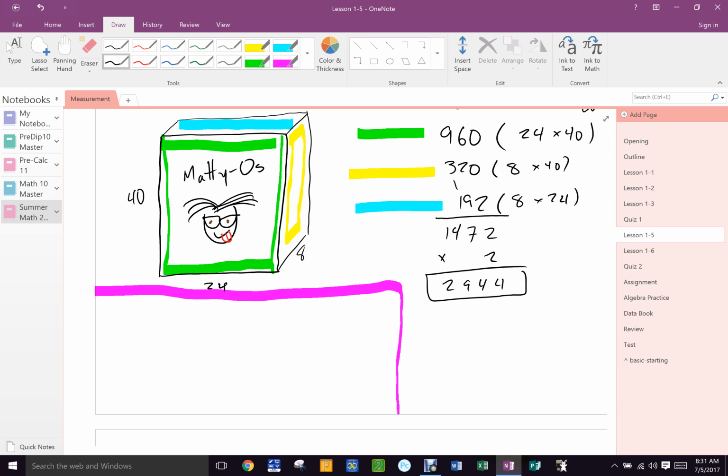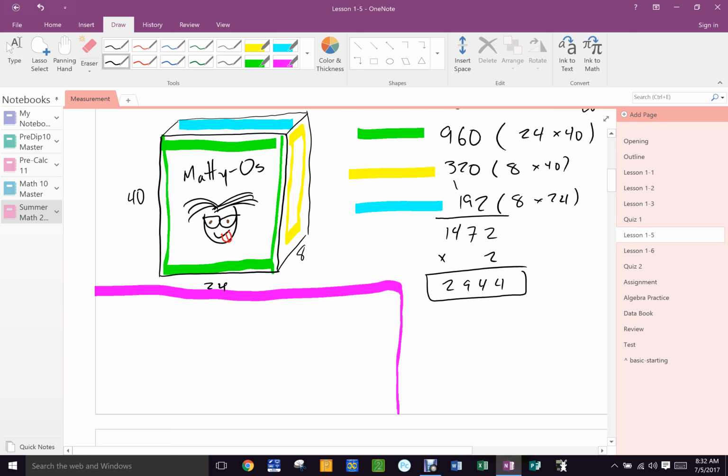Rectangles are the easiest ones because all the base shapes are the same, right? It could be this green rectangle repeated back 8 times. It could be this yellow rectangle repeated across here 24 times. Or it could be the blue rectangle repeated down here 40 times, right? All 3 are fine.